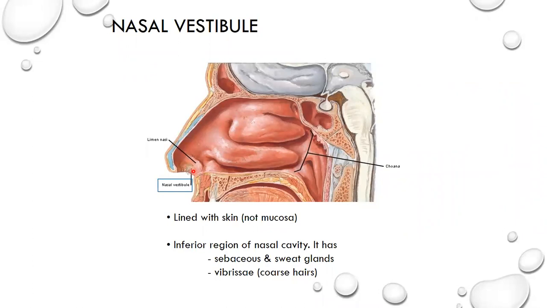The inferior region of the nasal cavity has sebaceous and sweat glands and vibrissae, coarse hair occupying the nasal vestibule. Only a small part of the nasal cavity is hairy. So this region is known as the nasal vestibule.